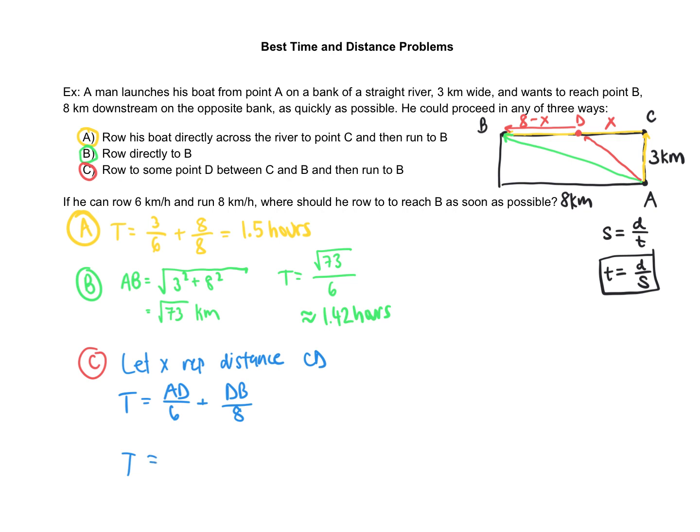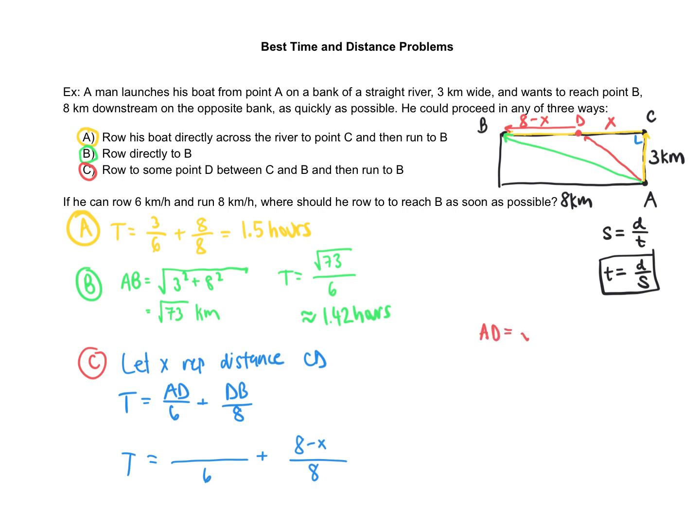So I'm just going to write that in for now. But what about from A to D? Well, if we look at what we have here, A to D creates this right triangle between x, 3, and AD. Just going to add in that that's a right angle. So I can find an expression for AD in terms of x by doing a little Pythagorean theorem on the side. So I'm going to do that.